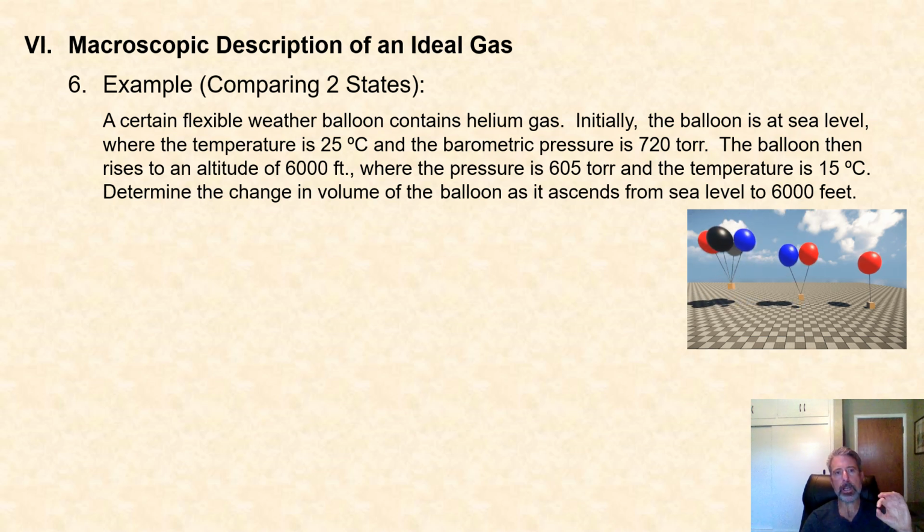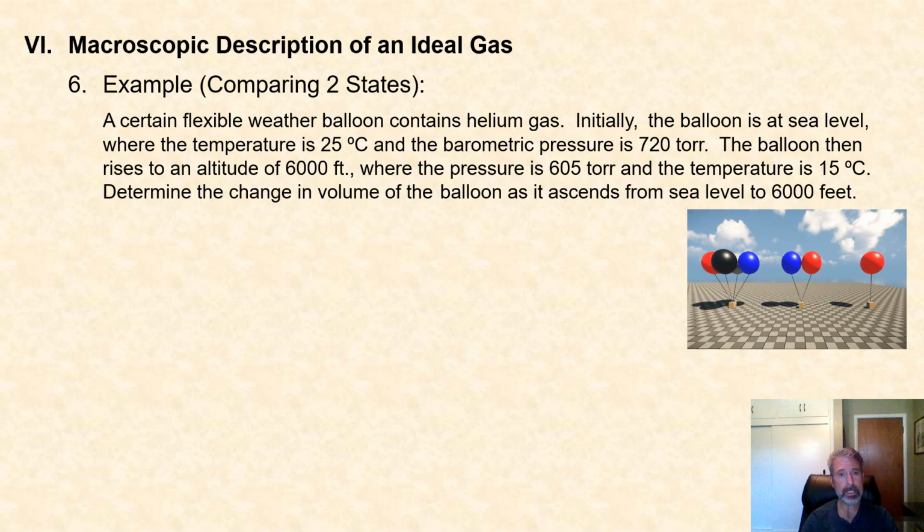So this last example we'll take a look at involves what I would call a comparison of two states. So this is another common type of problem. Whereas the previous problem involved an ideal gas in a single state, this is the type of problem where you have a gas starting out in some given state, and you make some sort of change to it, some sort of change in terms of these macroscopic variables.